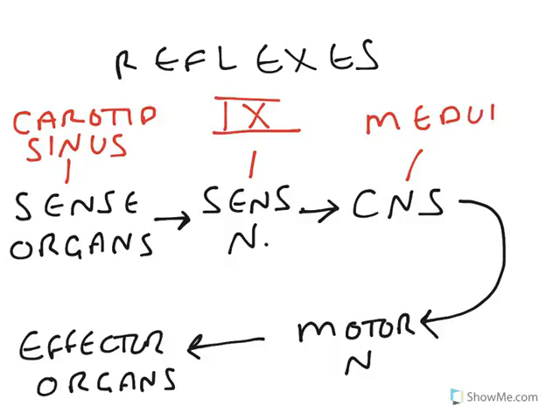So this is a part of the brainstem, and it's actually the lowest part of the brainstem, directly joining on to the spinal cord. So the medulla of the brainstem is the major part of the CNS which deals with cardiovascular reflexes.